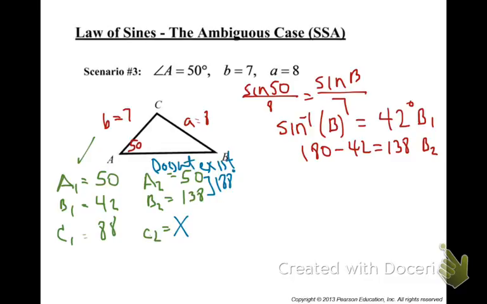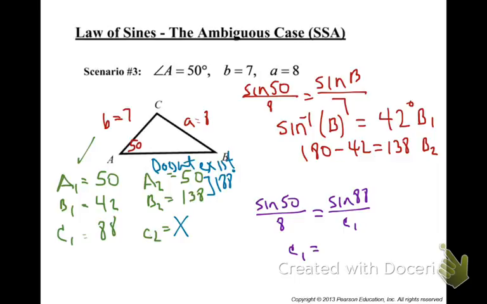So then you're going to go back and you're just going to find your little c1. So let's do that real quick. So we'll still use the sine 50 over the 8, and then that would give us a sine of what? What are we going to use to find little c? Sine of what? 88 over our little c. And we'll do C1.